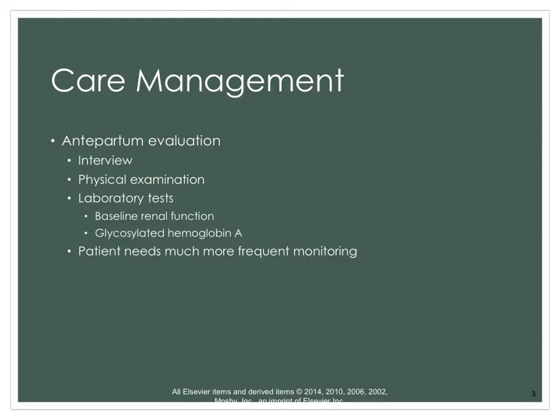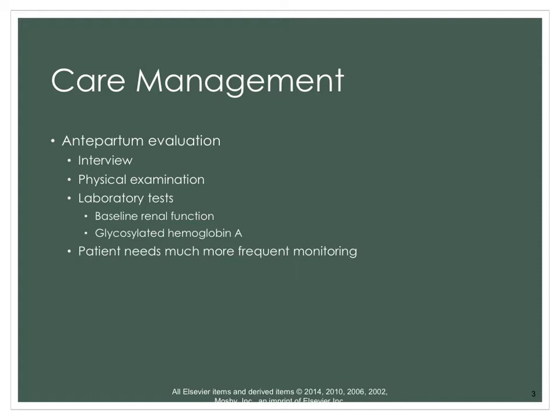Some of the things on your PowerPoint slides: maternal risk of complications. Those moms who have poor glycemic control are at a higher risk for a miscarriage. Those moms who also have poor glycemic control are at a higher risk of having macrosomic babies. I brought this term to your attention in another PowerPoint.